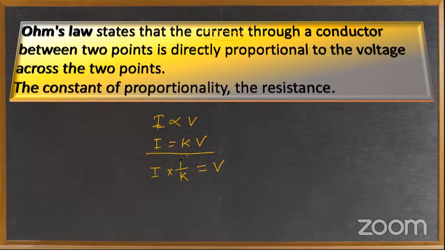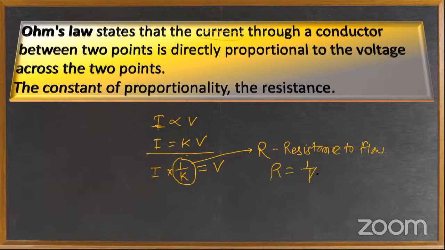This 1 upon K, the reciprocal of the constant, we consider as R, the resistance to flow. R is equal to 1 upon K.